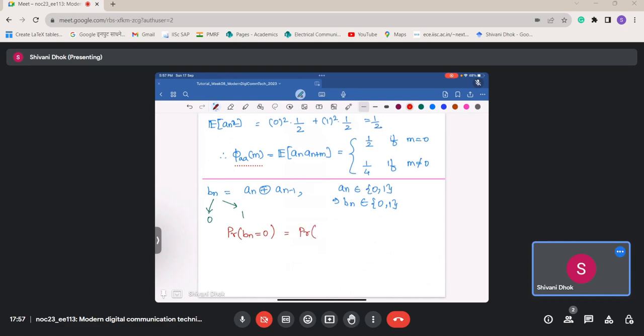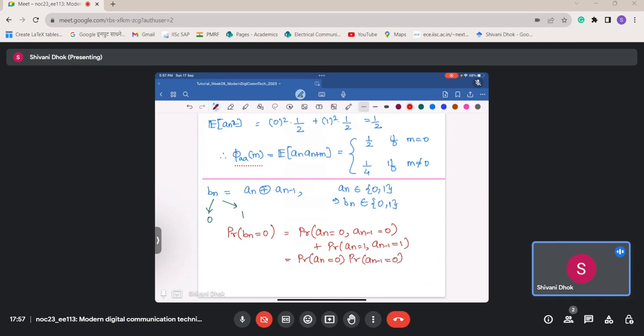When will this XORing operation be equal to 0? When this a_n and a_{n-1} both are same. That is equivalent to saying that a_n equal to 0 and a_{n-1} equal to 0, plus probability that a_n equal to 1 and a_{n-1} equal to 1. So this is probability of a_n equal to 0 into probability of a_{n-1} equal to 0.